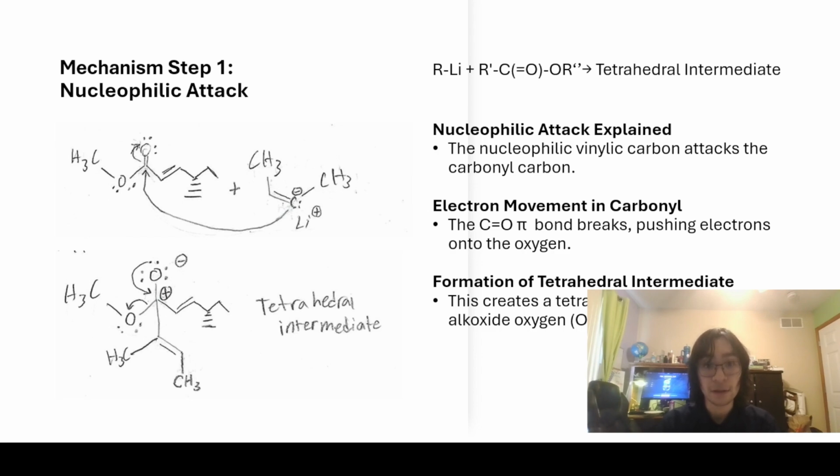Then I draw the second arrow from the carbon-oxygen double bond to the oxygen atom, letting it produce the tetrahedral intermediate. When it gets to that stage, the previous carbonyl oxygen ends up carrying a negative charge, giving me an alkoxide intermediate.